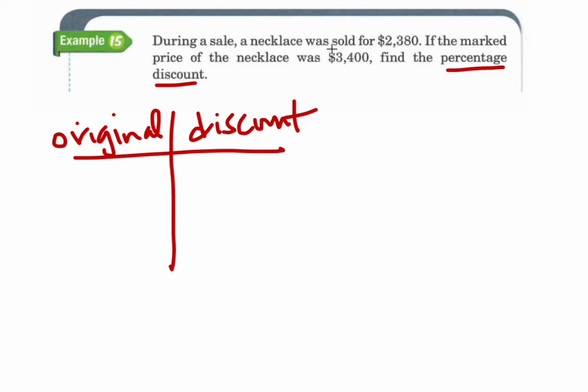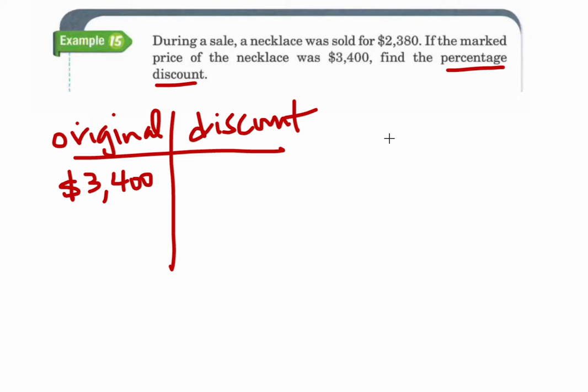During a sale, the necklace was sold for $2,380. I'm not going to write that amount down yet. If the marked price, the original price, was $3,400, I'm going to write that down. Find the percent discount. The reason why I didn't write $2,380 is because I made this table my original versus my discount, because that's what they want to know.